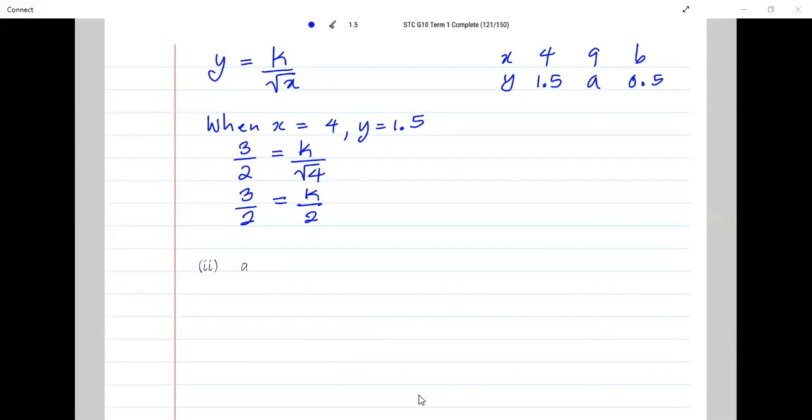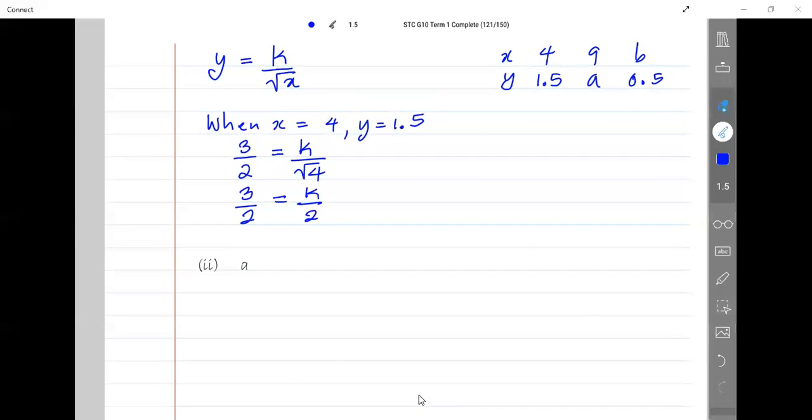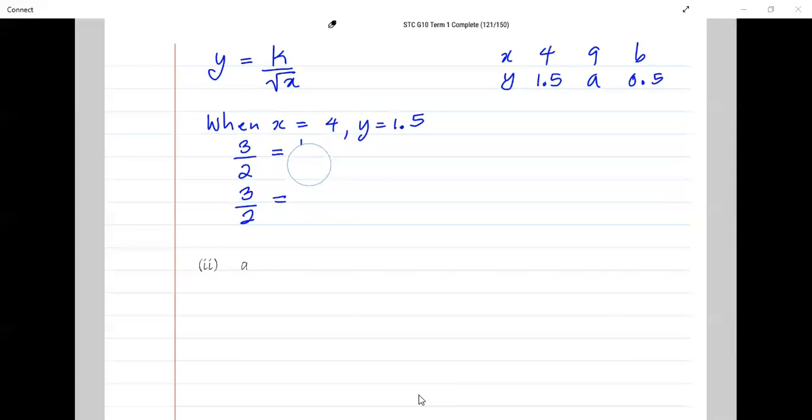If I have one fraction equal to one fraction, what do I do? Just cross multiply. All right, let's keep this as 1.5. It makes the entire thing work out easier. So 1.5 is equal to k over the square root of 4. So 1.5 over 1 is equal to k over 2.